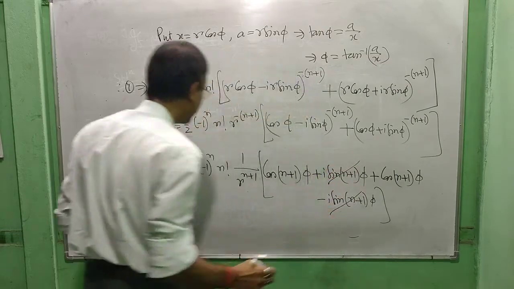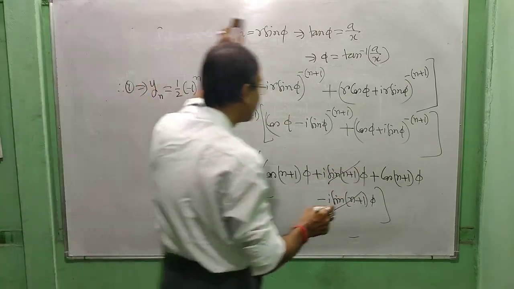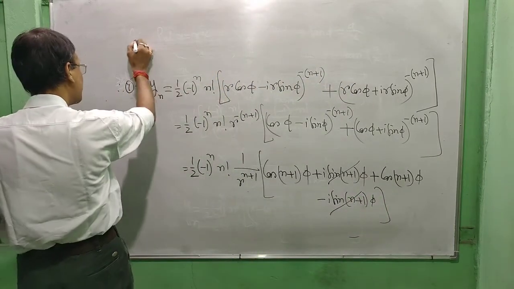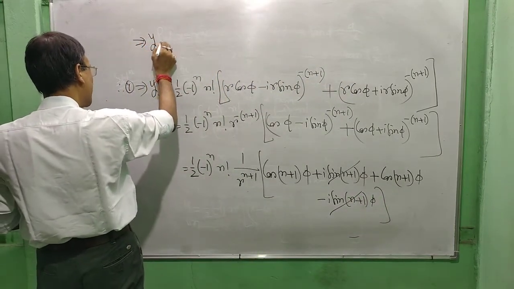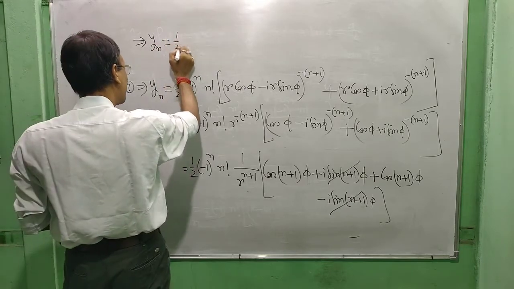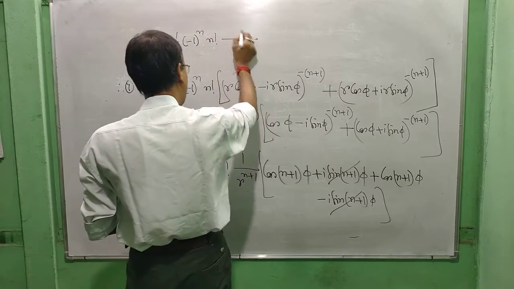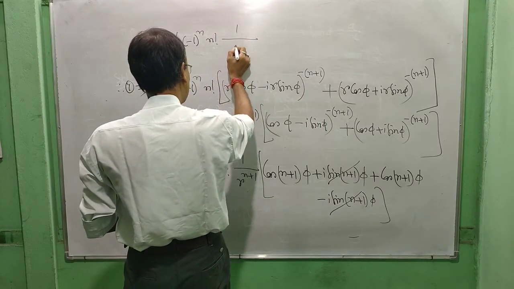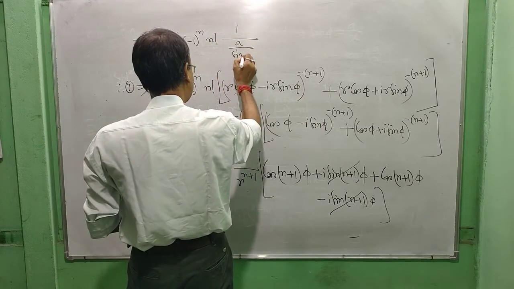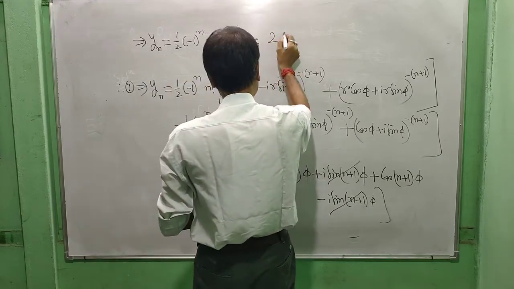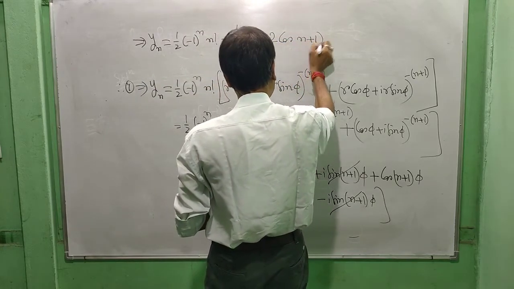These terms will be cancelled in this case. This means y_n is equal to half (-1)^n n! 1 by r^(n+1) times 2 cos (n+1) phi.